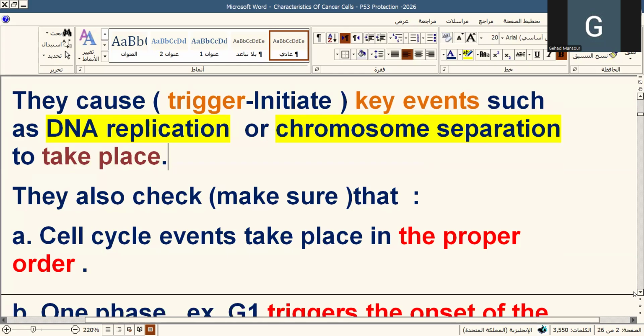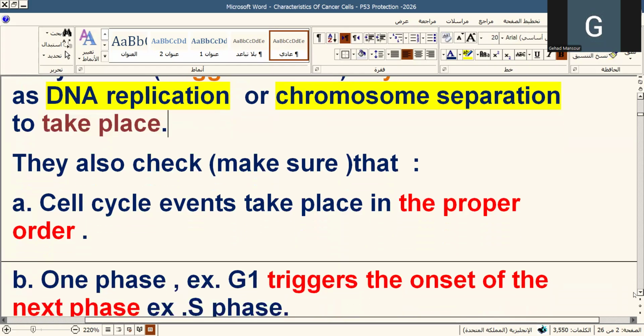What are examples of key events that the cyclins and cyclin-dependent kinases initiate in the cell? The process of DNA replication, and the separation of the chromosomes during the process of mitosis using the spindle fibers.